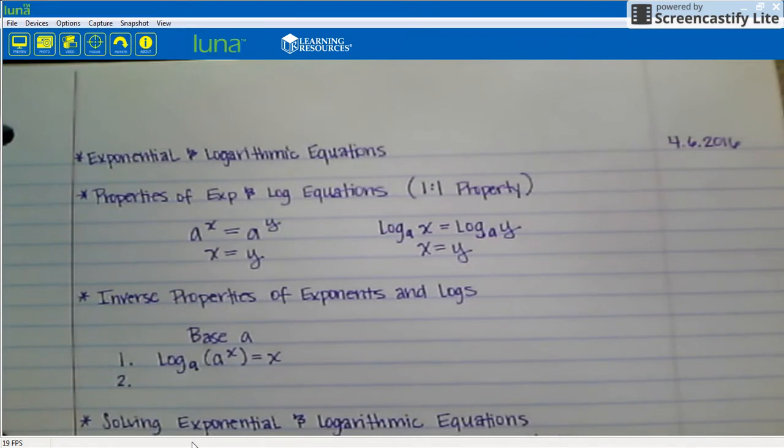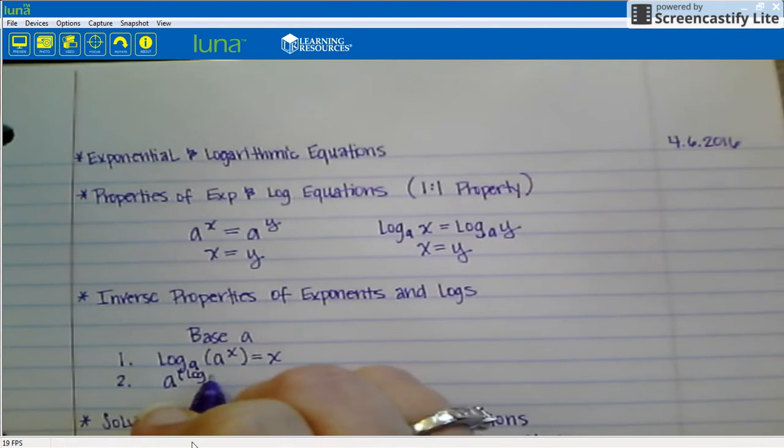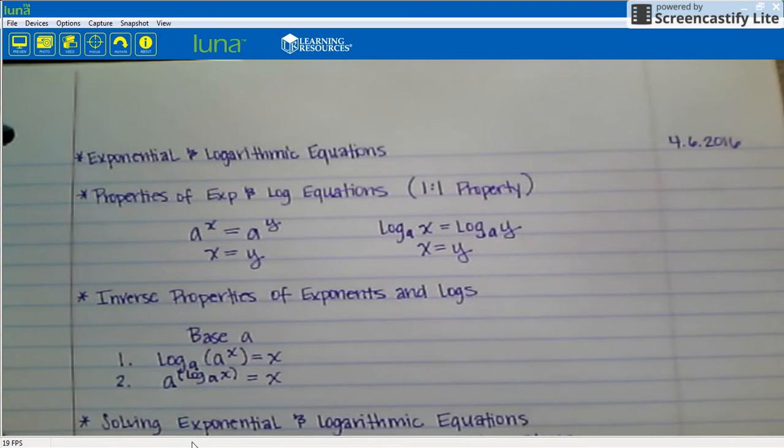And your inverse property for the exponential of a raised to the power of log base a of x is going to be just x, because exponents and logarithms are inverses of one another, so they undo each other.